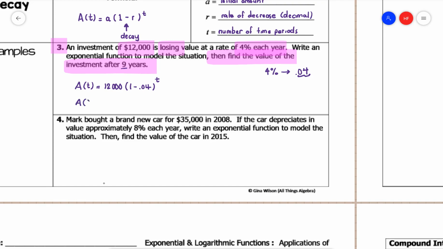So the amount after 9 years will be 12,000 times 1 minus 0.04 to the power of 9.